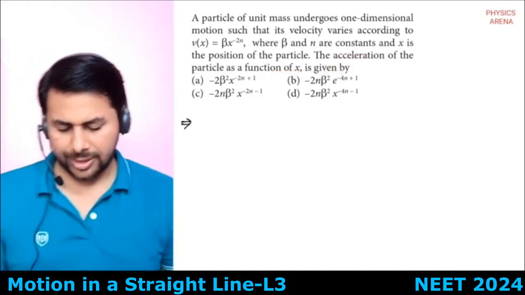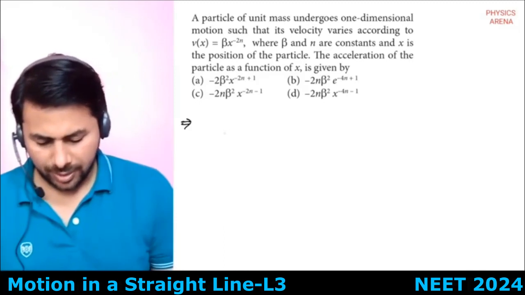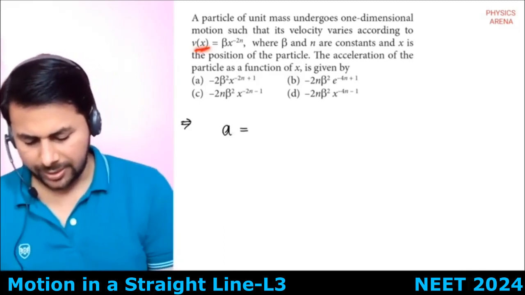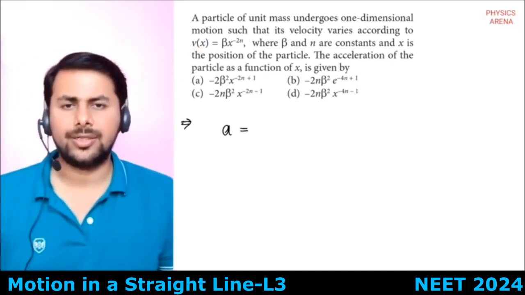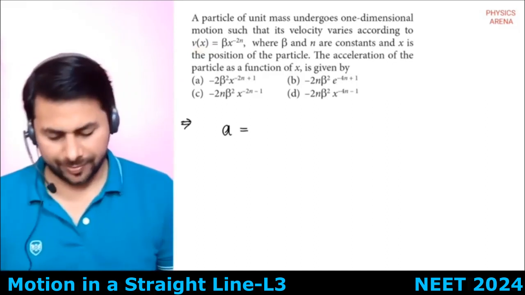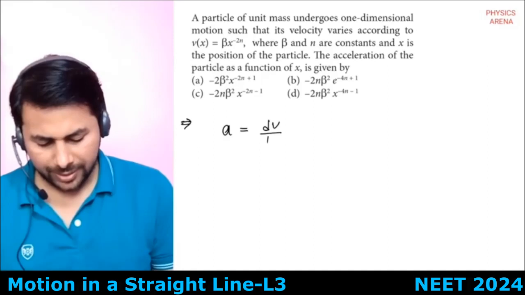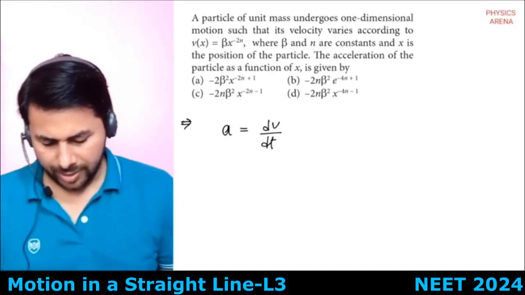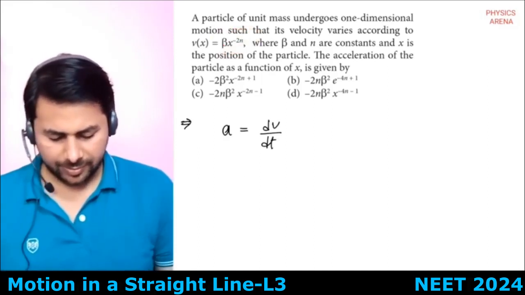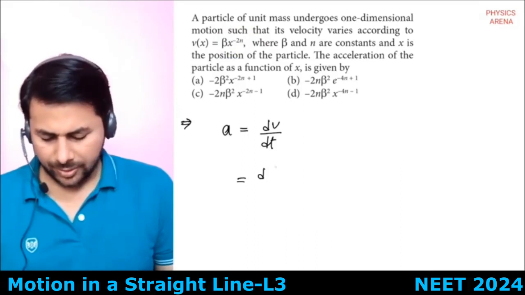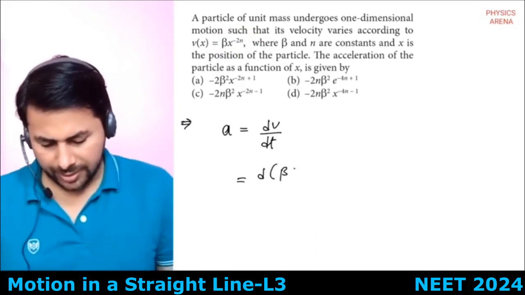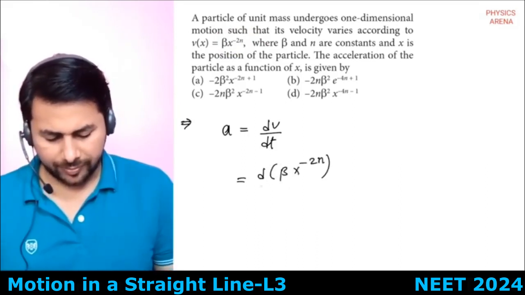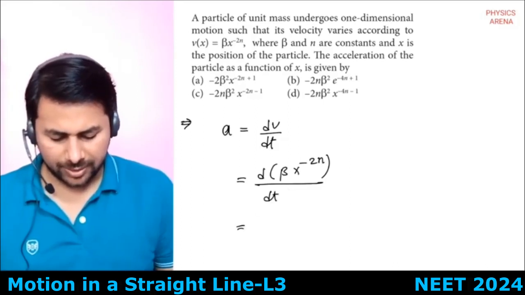Okay, so let's find out acceleration. We are given with velocity. So what is acceleration? It is dv by dt. But the velocity is a function of x, right? So v is beta x raised to minus 2n, and you have d by dt of that.